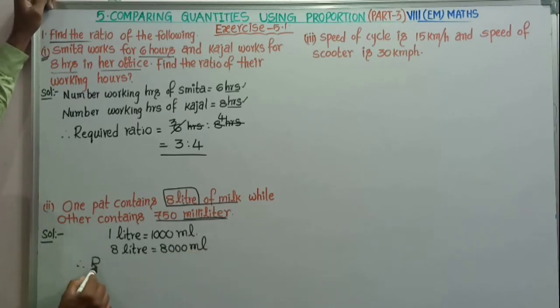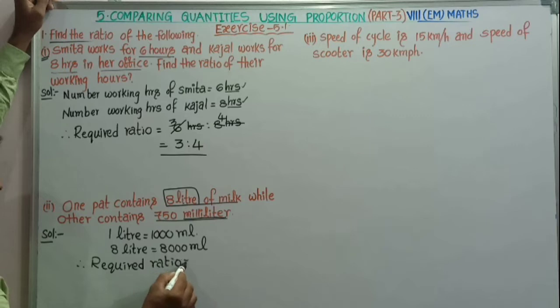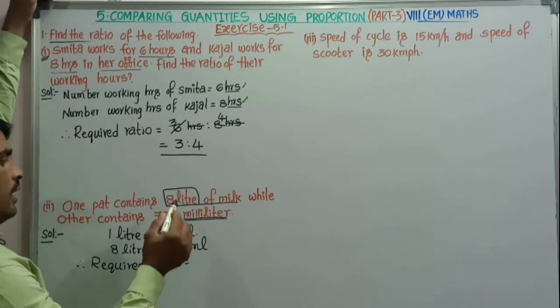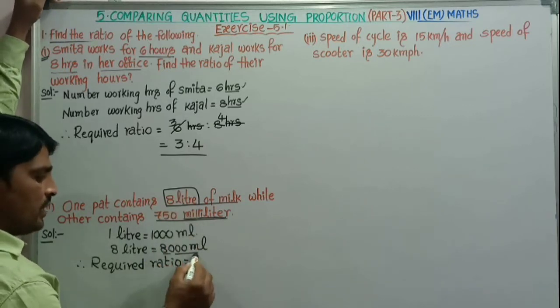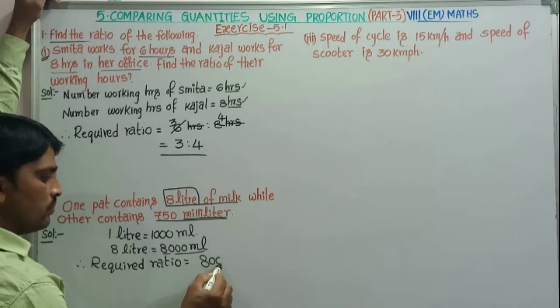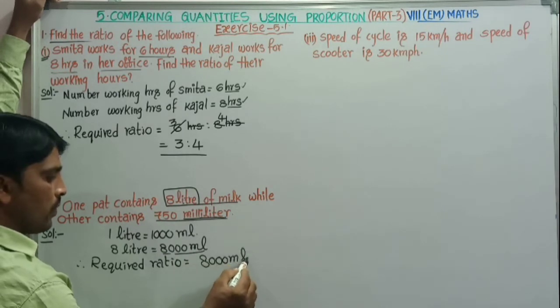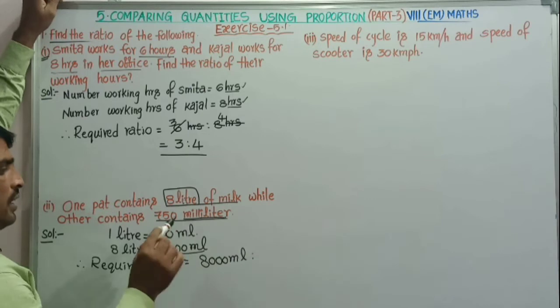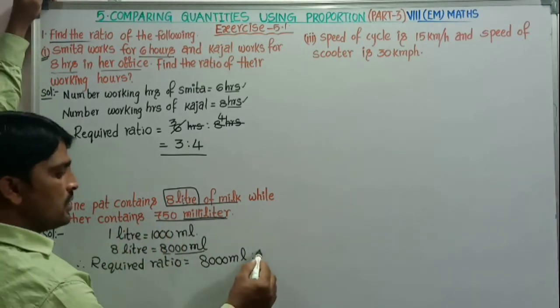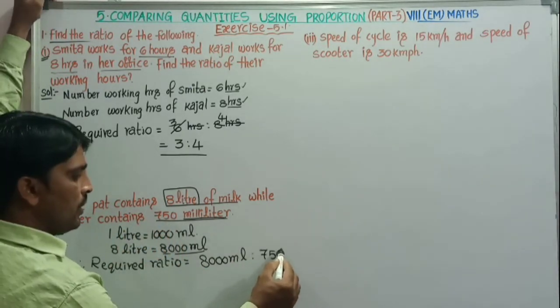Therefore, the required ratio is the milk in the first pot, 8000 milliliters, to the milk in the other pot, 750 milliliters.